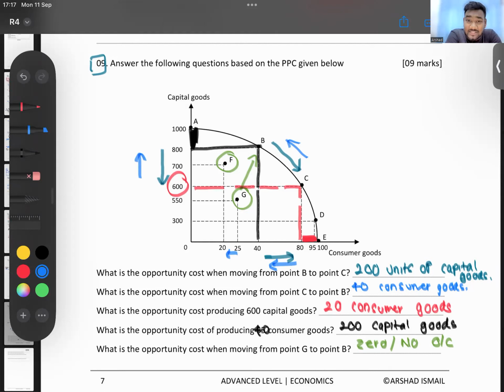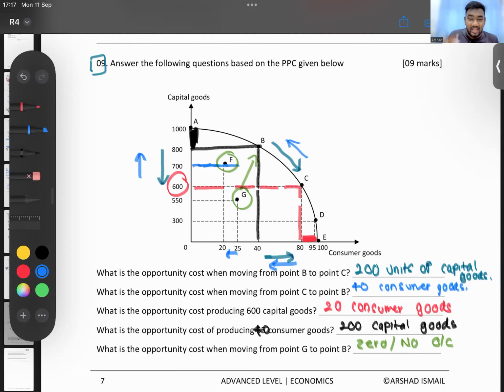The question comes, guys, do I definitely have to sacrifice 5 consumer goods in order to increase capital goods to 700? Currently, I'm producing 550 capital goods. So for me to produce 700 capital goods, should I definitely reduce the consumer goods?